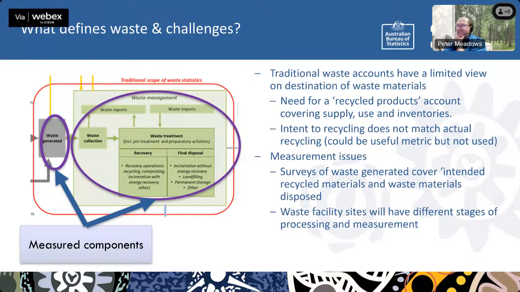At the first stage of waste management, it's still a car. At the second, third, fourth, and fifth stages, it might then end up becoming metals, leather, foam, plastics, and rubber as the body of the car has been taken apart. So depending on where you report it, you get quite different results in terms of the way that information is being reported. So it's just really something to take into account. I'm not entirely sure we've solved it just yet.